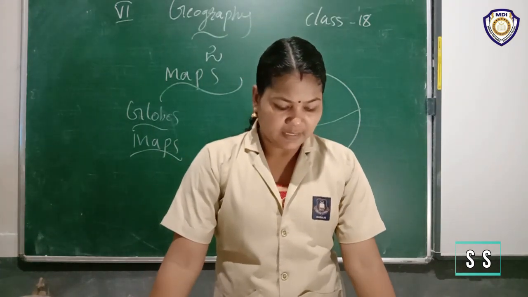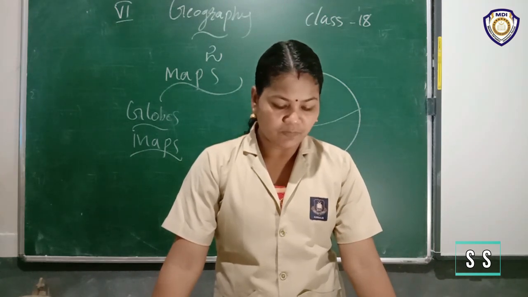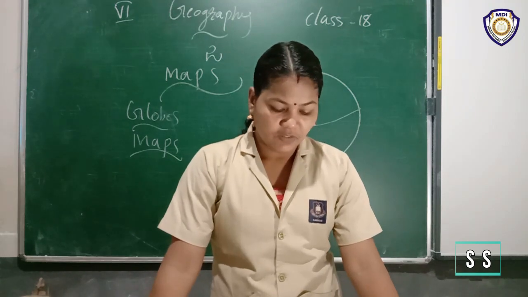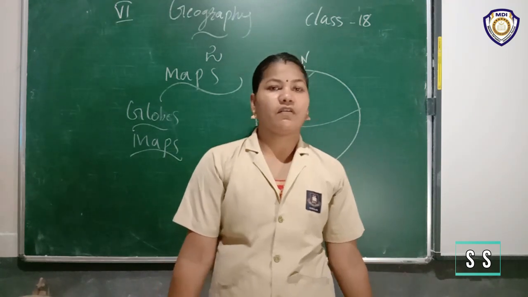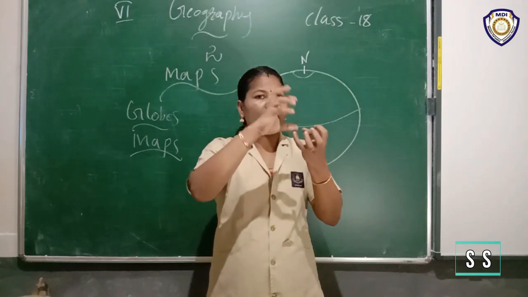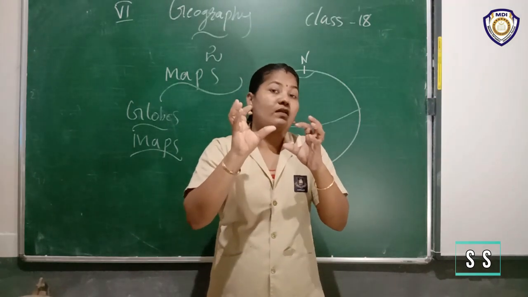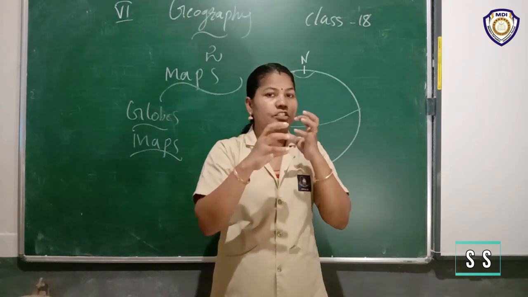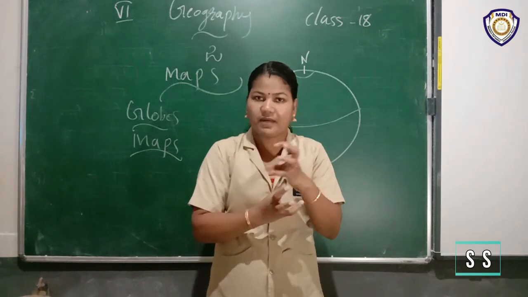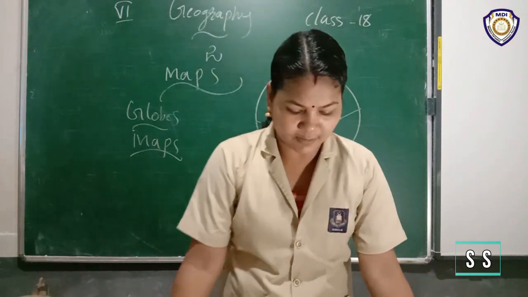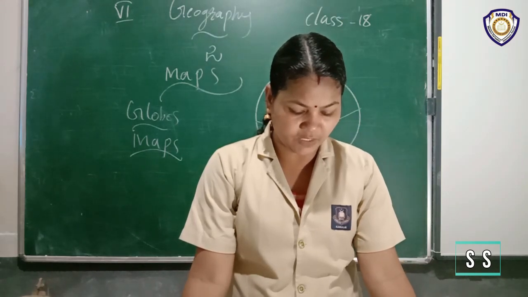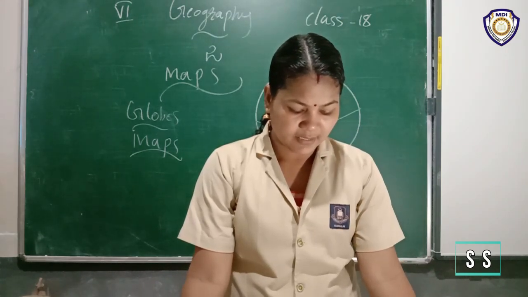You will see that it is impossible to cover the globe with a piece of paper without making folds. If we cover a globe or a round ball with a piece of paper, that is not completely possible. Without sticking small pieces, we cannot cover it completely.